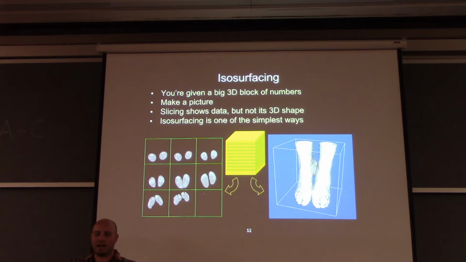Let's look back at how you'd actually extract an isosurface from a 3D grid. So your problem is actually kind of simple. You're given a big 3D block of numbers, so your scalar field in a uniform grid, and we want to make a picture. We talked about volume rendering already, and before volume rendering, people had a concept like slicing and just clip planes and cut planes.